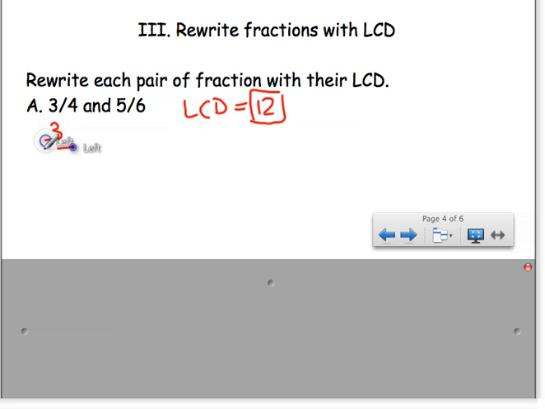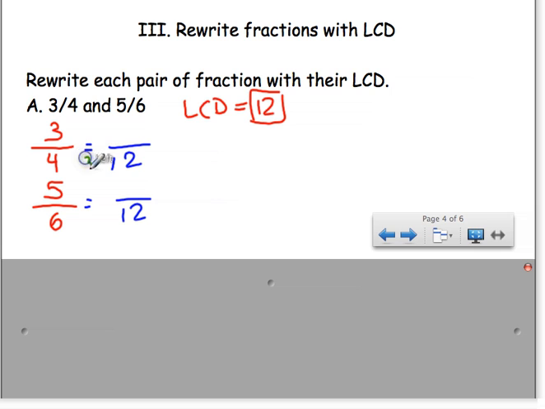So I want to rewrite both of these fractions with a denominator of 12. To do that, I'll write them on top of each other just because I think it helps organize this information a little more easily. I know that I want to have both of these fractions with a denominator of 12. Then I think about what fancy one I need to multiply to get there.